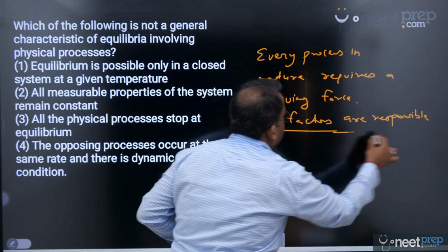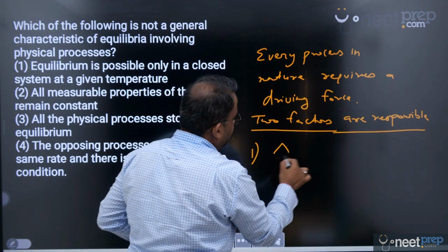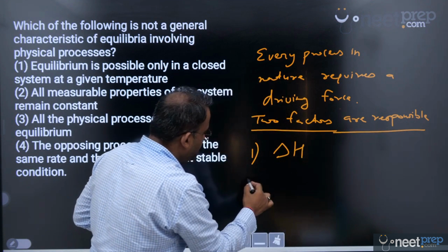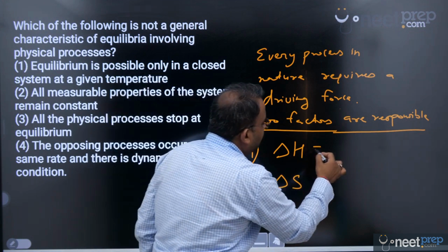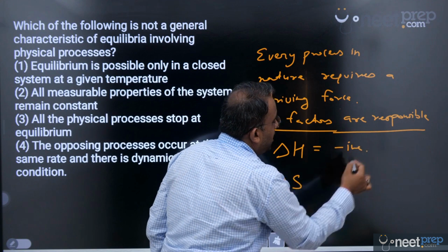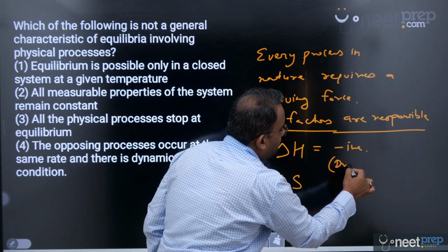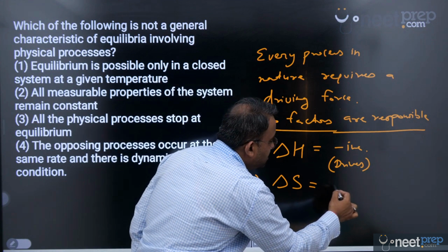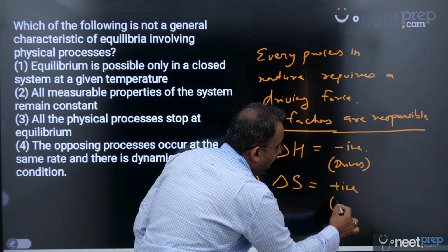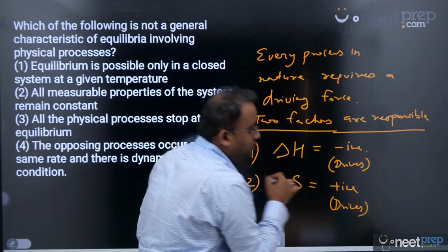One is delta H, the enthalpy change, and another is delta S. Whenever delta H is negative, it drives a process. Whenever delta S is positive, it drives a process.